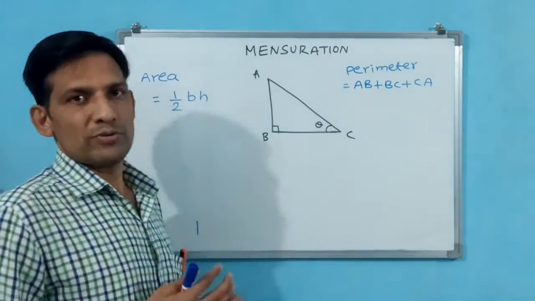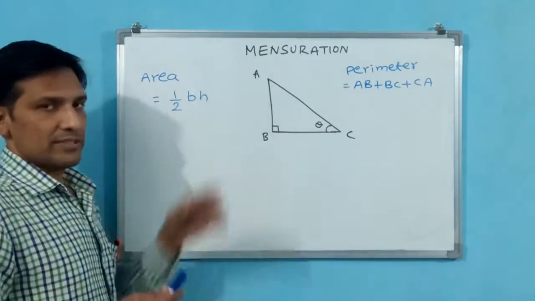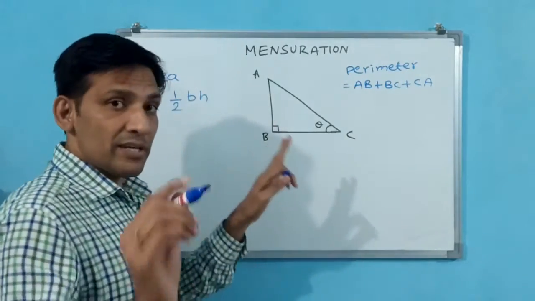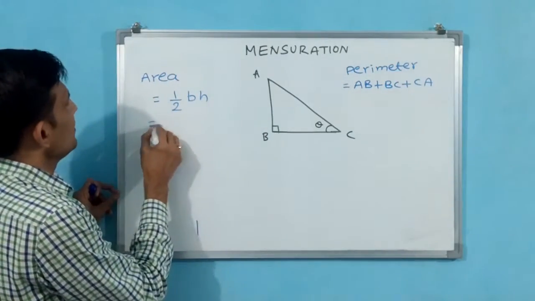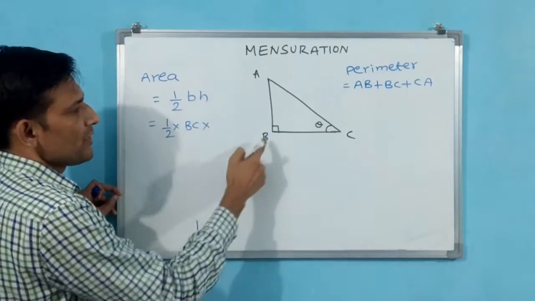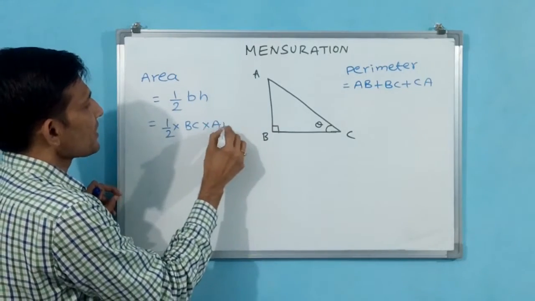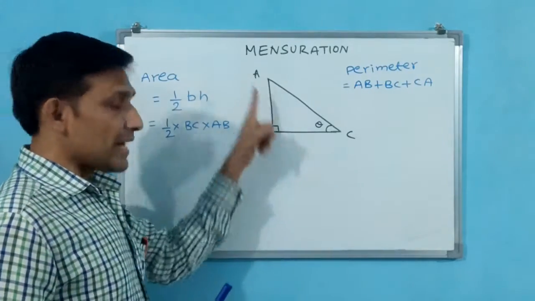Base and height only you have to take. Here, in case of right angle triangle, base is BC. Half into base BC into height AB. This will be the area for a right angle triangle.